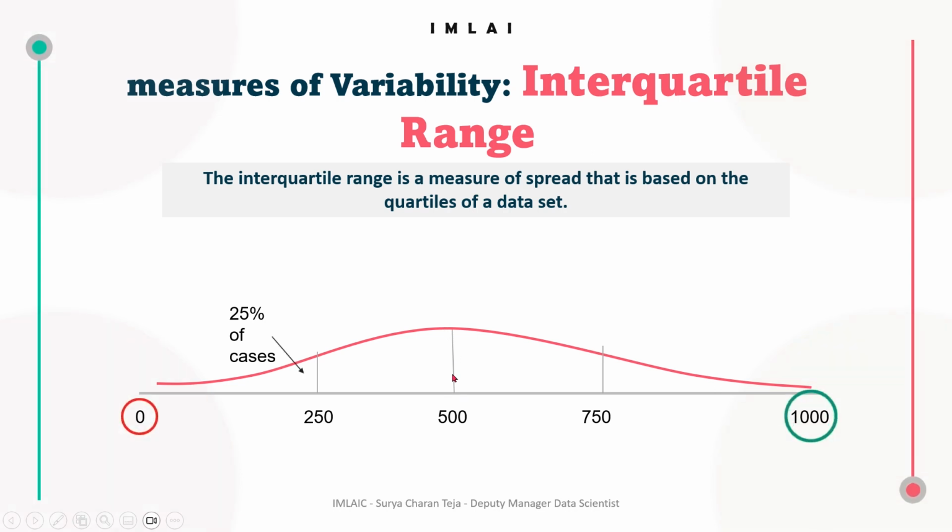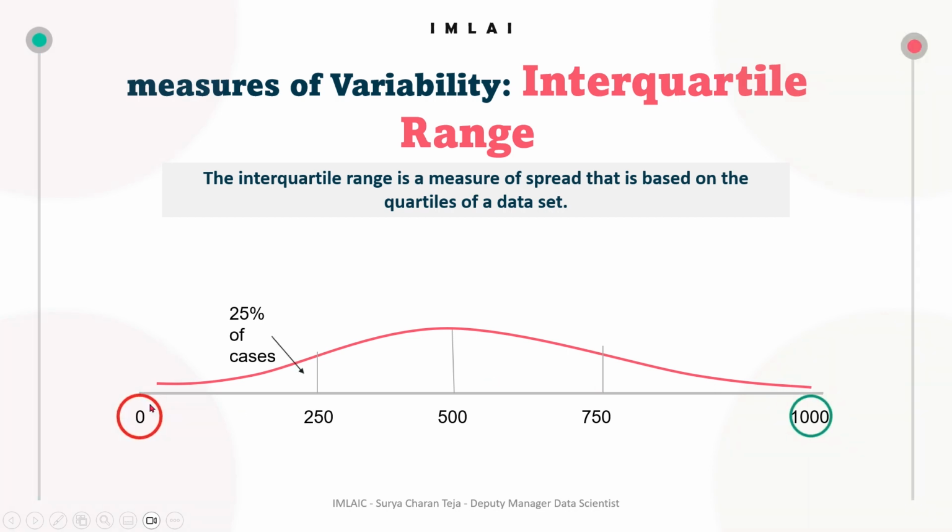You see you have 500 this side and 500 this side, and exactly the center is called the 50th percentile. Then you have the 75th percentile, a quartile that divides the first 3 by 4 of the total cases, 750 cases, from the latter 1 by 4 of the cases.